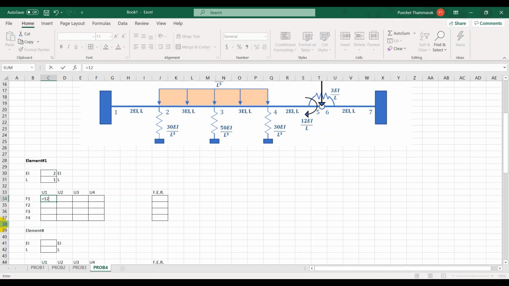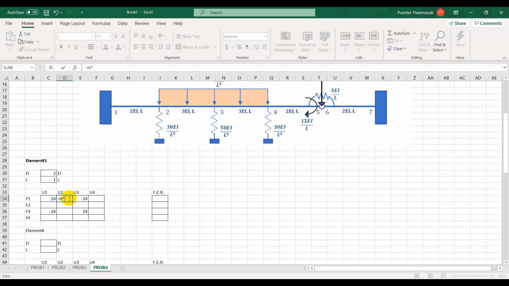This is 12 times EI over L cube. Enter. So this is minus 12. This is equal to minus 12. And this is equal to 12 EI over L cube. Okay, there you go. Get it?